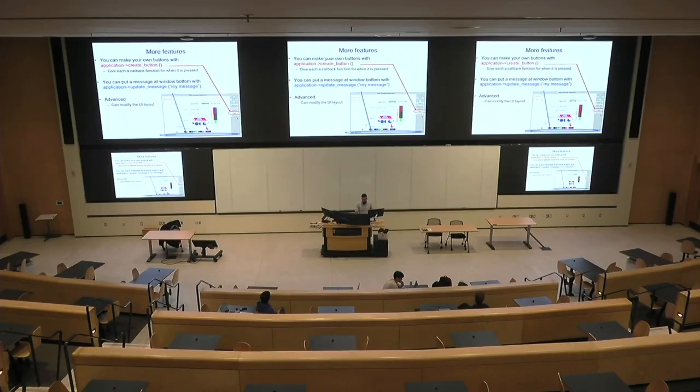A more advanced thing, again, is to modify the layout, because the basic layout that we're showing you here is part of the main.ui file that we provide you. If you look at it, it's a bit outdated. It looks kind of old, doesn't look beautiful, but it's easy to use. So if you feel like you don't like it, go ahead and try to change it as well.